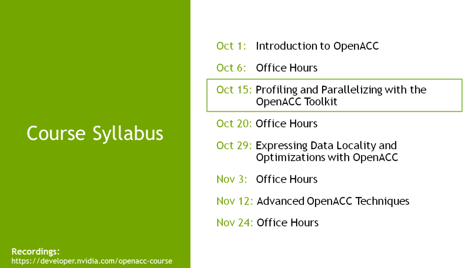The first question I'm going to answer is: is there any criteria to choose the best combination of gangs, workers, and vectors? The answer is there are some things that you should try to do. The first thing I would focus on is the size of your vector. In general, your vector size should be divisible by 32.